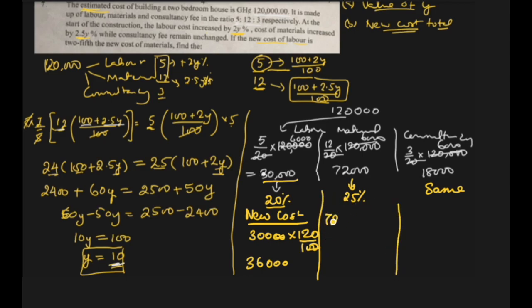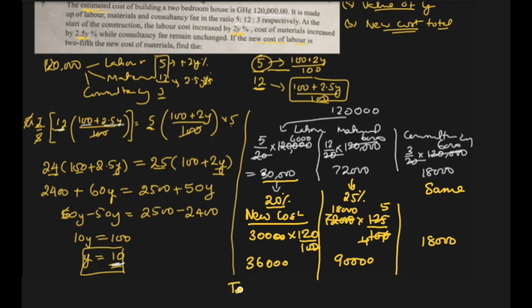So 72,000 times 125 over 100. So rather we can do this 4 and 5. 18,000 times 5, 90,000 is the cost of materials now. And finally we have same 18,000 cost of consultancy.